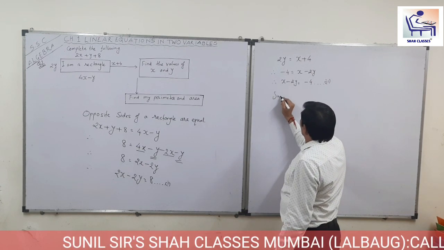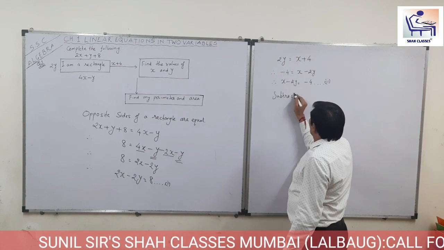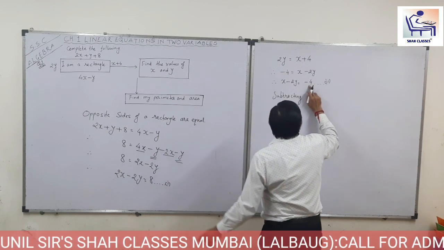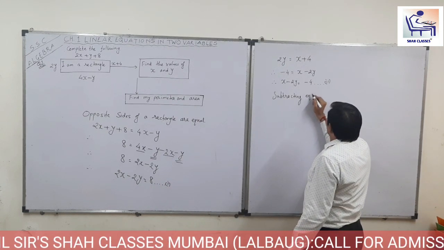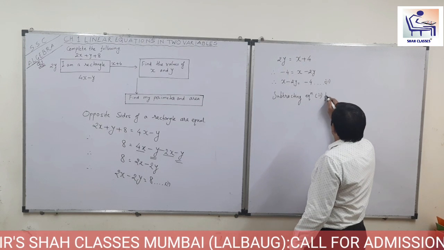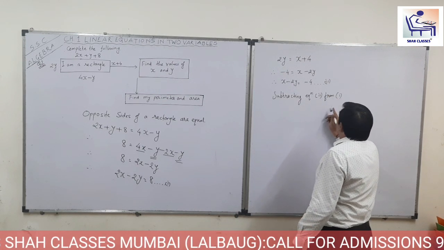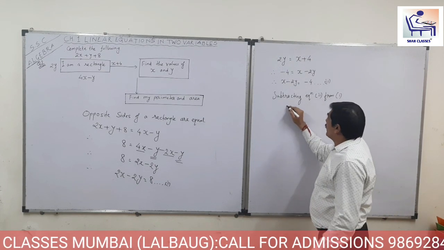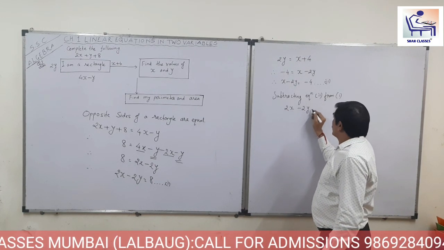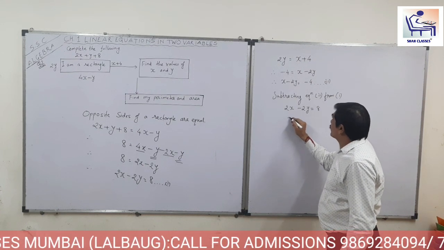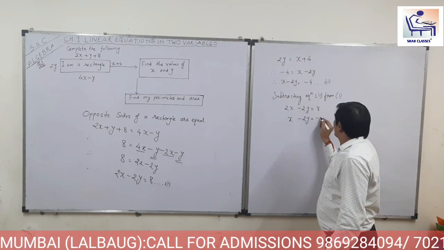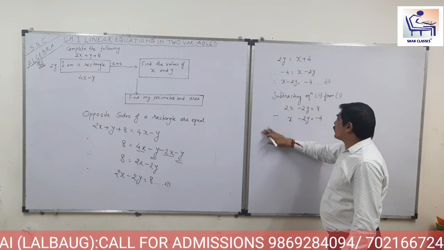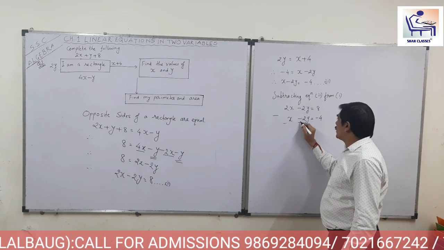So what will we have to do? Subtraction. Here 8 is bigger than minus 4, so subtracting equation 2 from 1. Subtracting equation 2 from 1 means the first equation comes on top. So we write the first equation 2x minus 2y is equal to 8, then x minus 2y is equal to minus 4. And now we have to subtract, so we will change the sign.